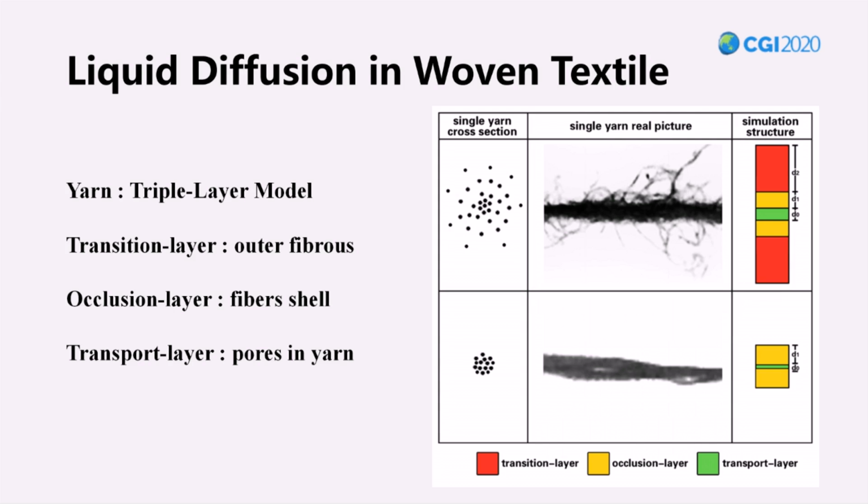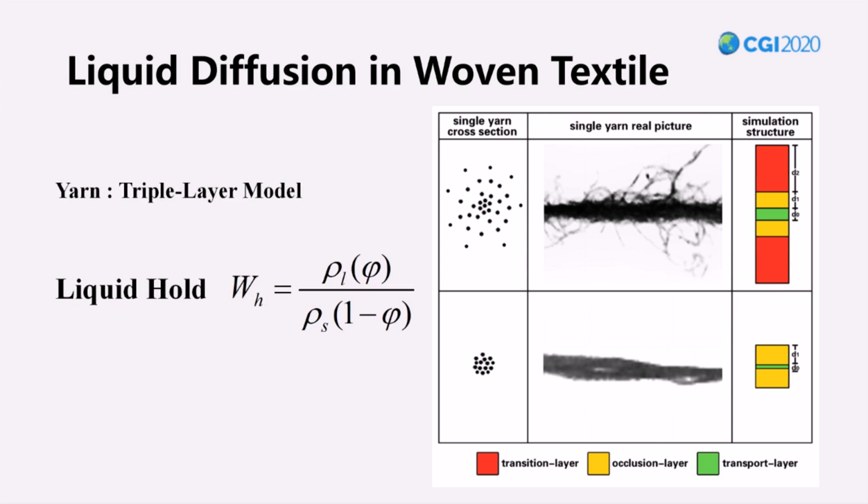The main factors affecting in-yarn diffusion are the free movement of the liquid in the yarn segment and the fluid flow driven by the capillary pressure gradient force. First, let's see how to measure the maximum liquid content of a yarn.